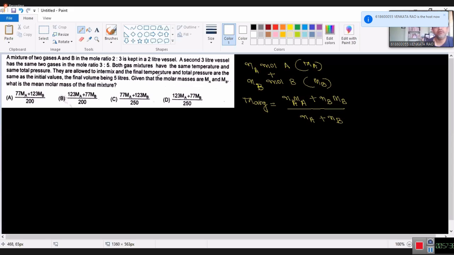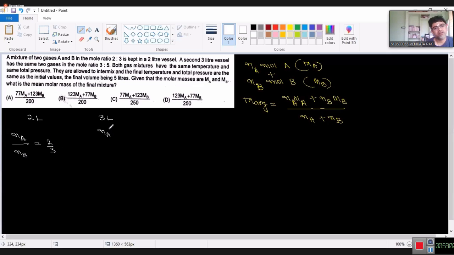You have a 2-liter vessel, and the other one is a 3-liter vessel, of the same two gases. In the first one, the mole ratio is 2:3, so number of moles of A by number of moles of B is equal to 2/3.